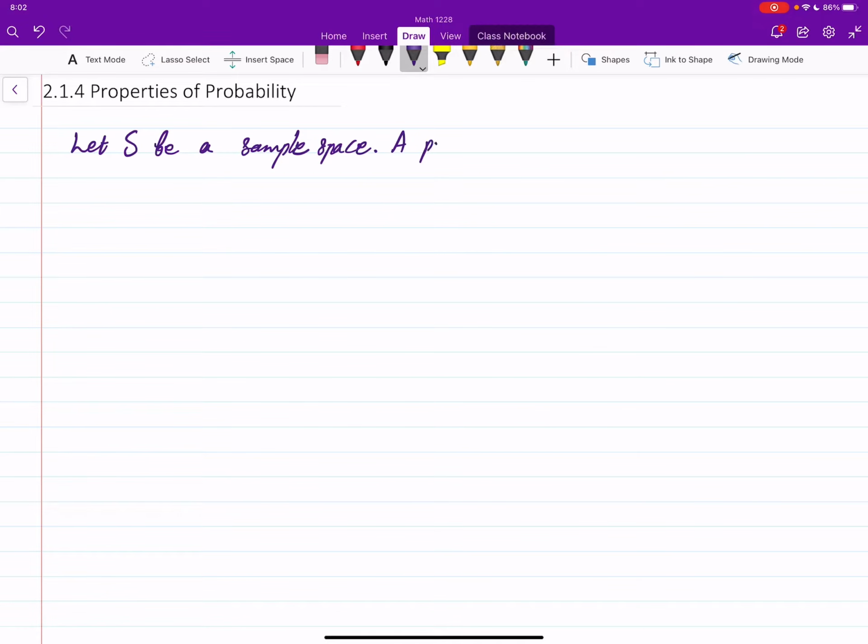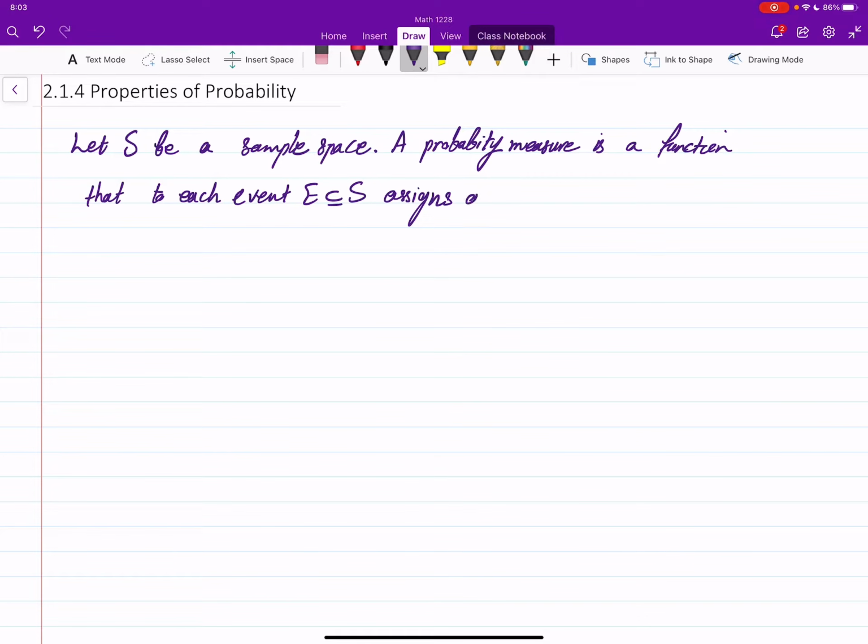Then a probability measure is a function that to each event E, remember event means subsets of S, assigns a number PR E, we call it probability of E, with the following properties.